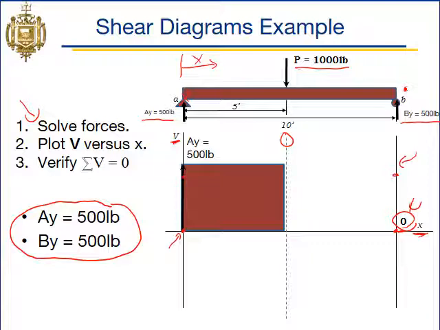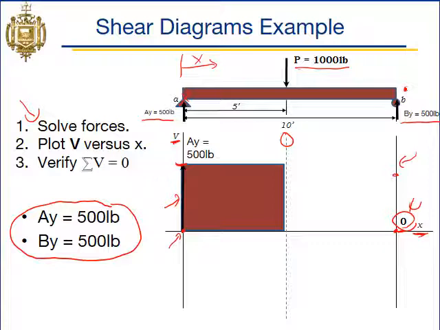Right, so this black arrow here is AY, and that has a value of 500 pounds. Ignore this purple block just for a second. So we started at 0, and we went straight up the value of AY, 500 pounds. Remember, shear is the integral of vertical forces.